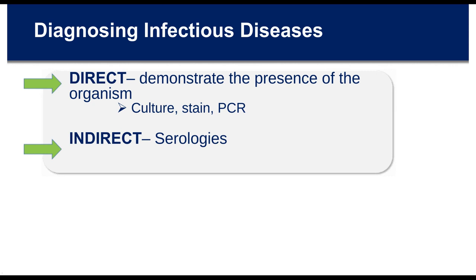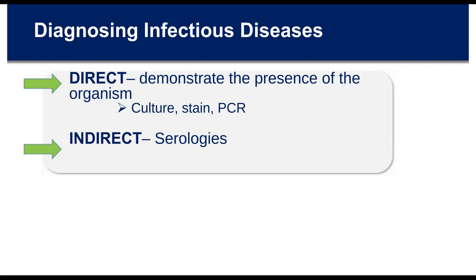Nowadays we use PCR, and this is not an exhaustive list. 10 years from now we'll be using next-gen sequencing and so forth. But you can demonstrate the organism in an involved tissue, and that will help you make the diagnosis, like a throat culture, for example.